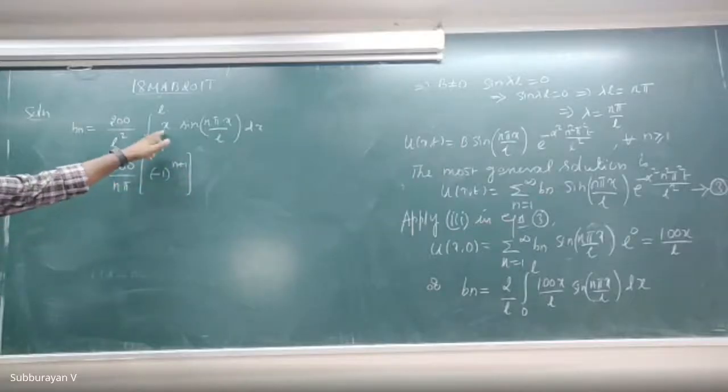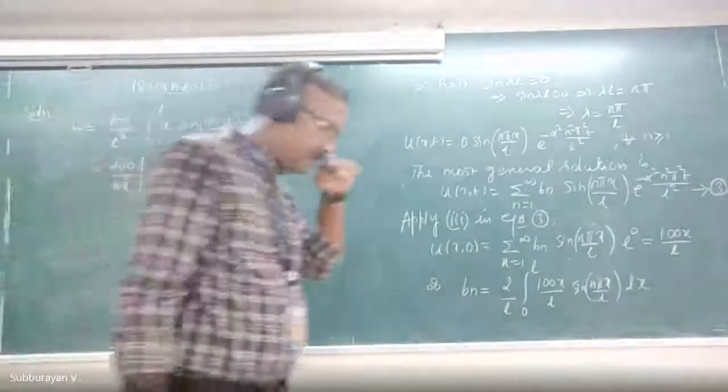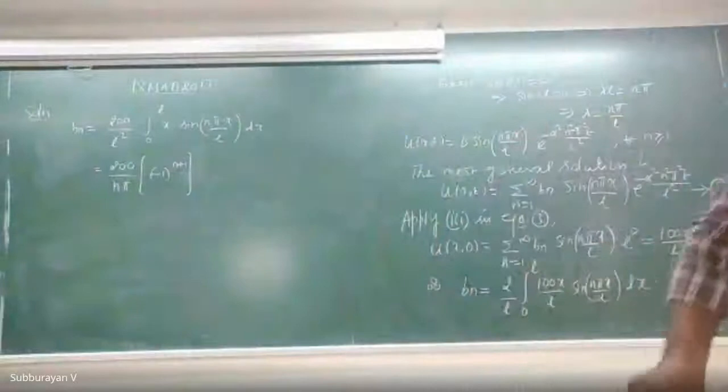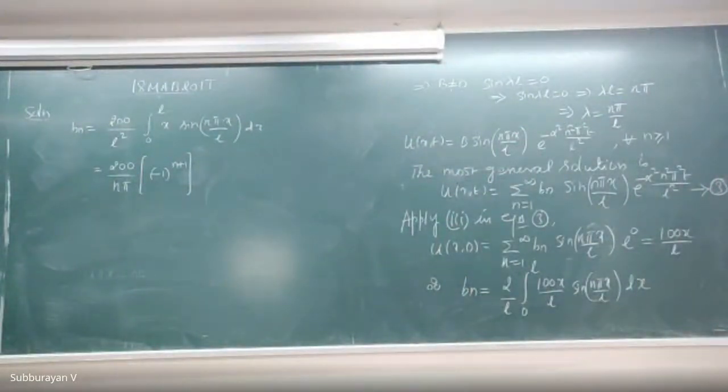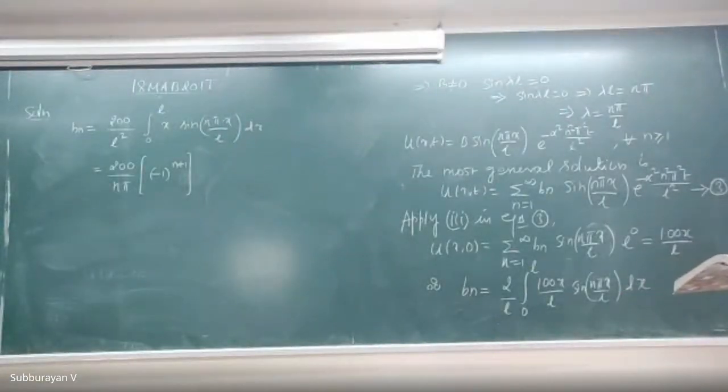When we substitute the lower limit, it will be 0 because 0 into cos is 0. So Bn is 200 upon n pi into minus 1 whole power n plus 1.